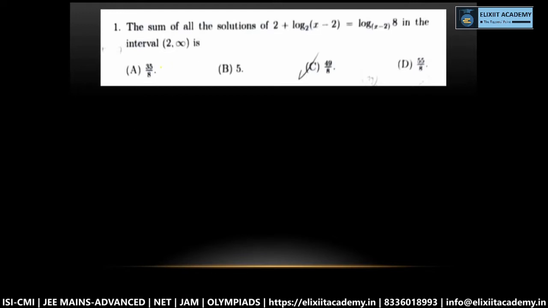So in this case, you are going to find the sum of all the solutions of this equation. This was one of the easiest questions; 99% of you have done this correct. The equation is 2 plus log base 2 of (x minus 2) equals log base (x minus 2) of 8.